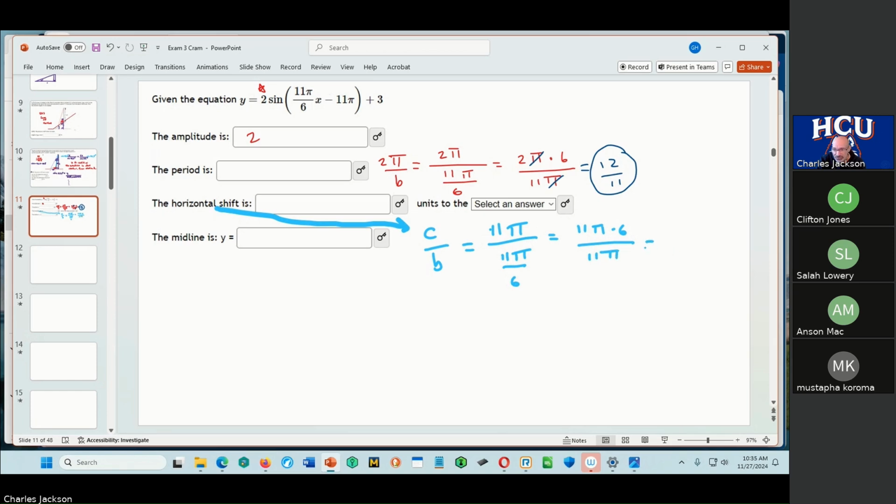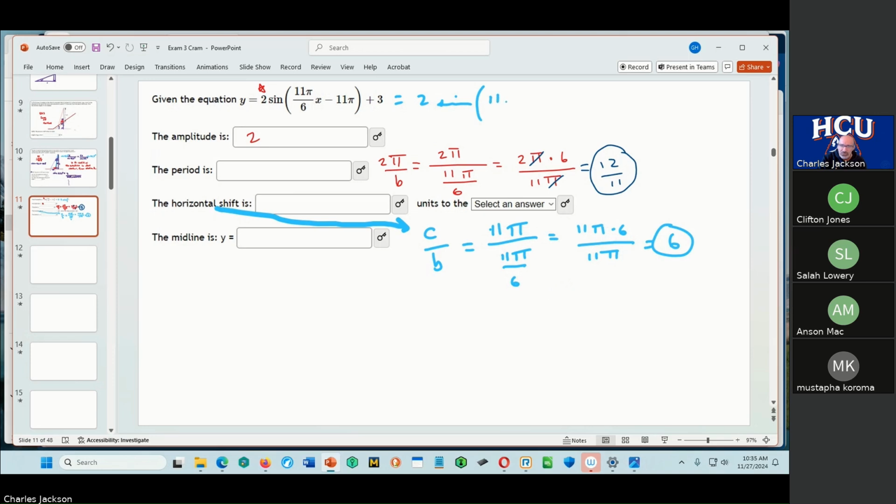So it's just 6. Okay, so there's a horizontal shift of the graph of 6. We can kind of see all this better if we write it as 2 sine, and then factor. Actually, it's kind of made for the factoring. Oftentimes that factoring is messy, but in this case, it's not.